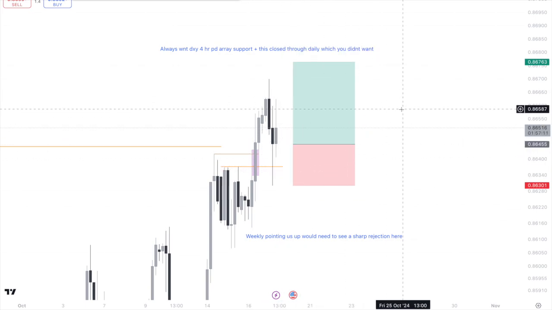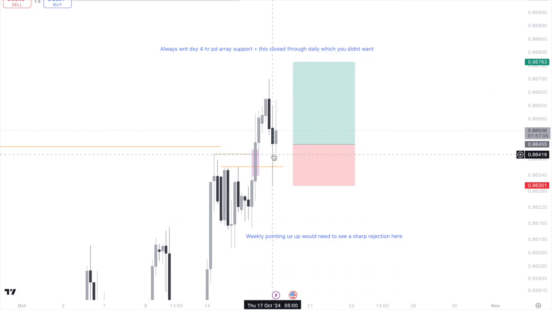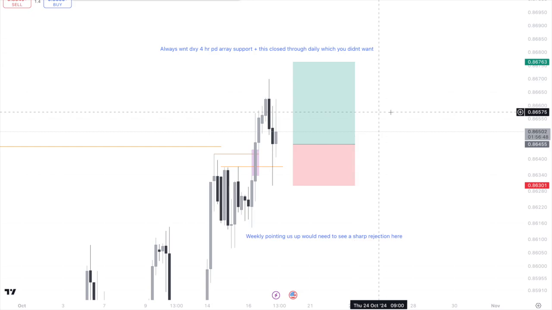And yeah, there's no CHF news tomorrow, no US dollar news. So despite what is a really nice rejection, there's sometimes where you don't want to see a retrace, and that is when retracing means you don't make a higher time frame fair value gap. So yeah, that was that.